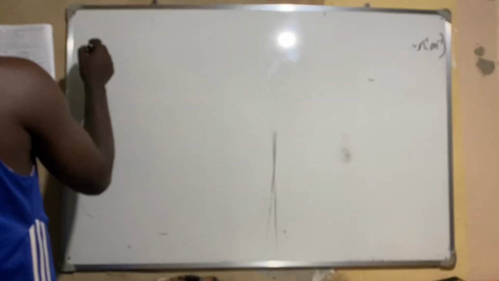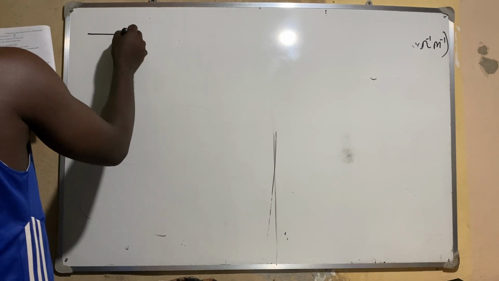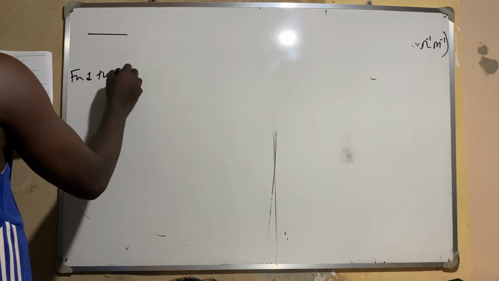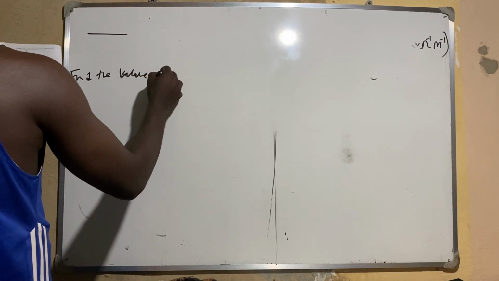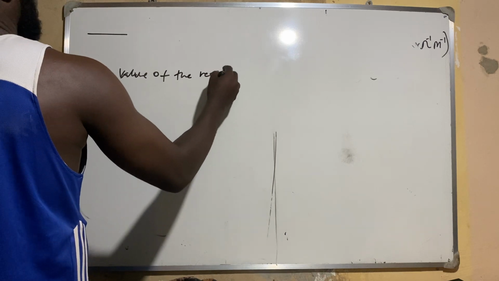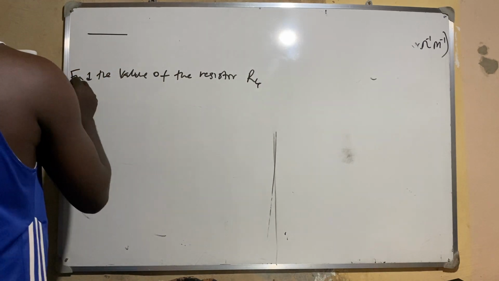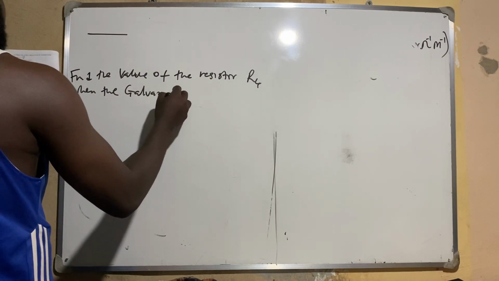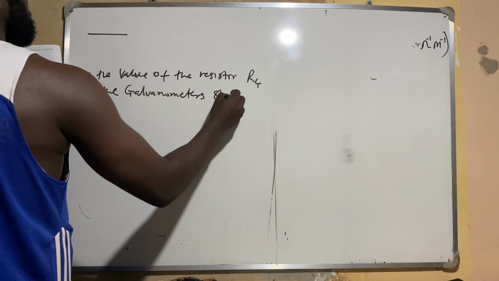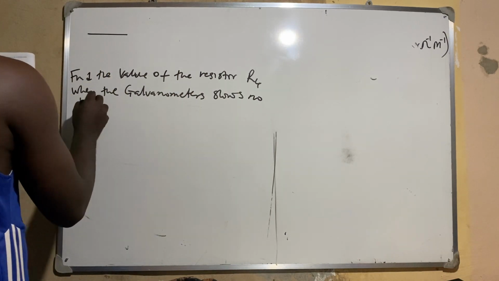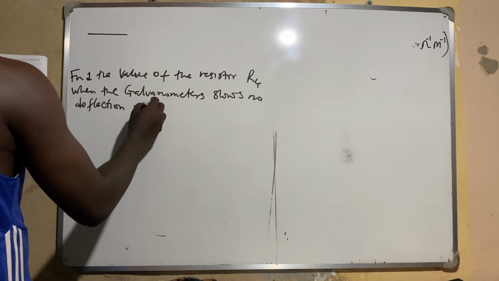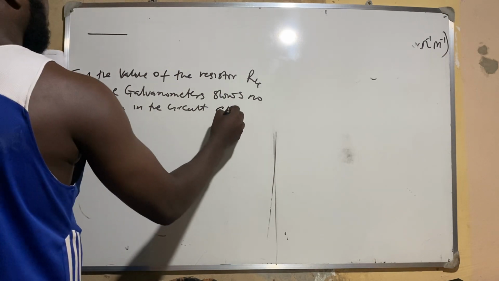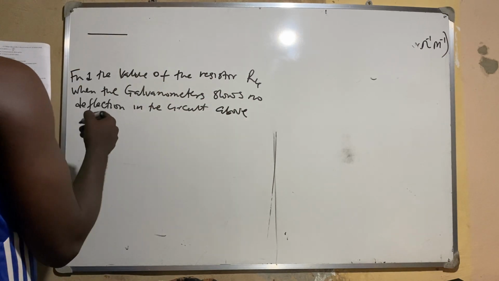They say, given that diagram, with the same diagram, find the value of the resistor R4 when the galvanometer shows no deflection in the circuit above. That one I drew before, please draw it again.